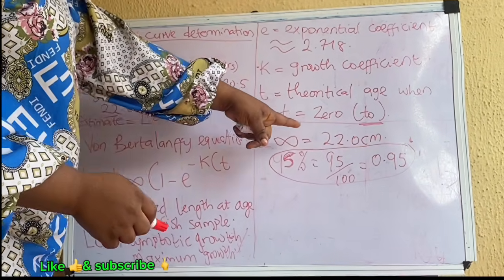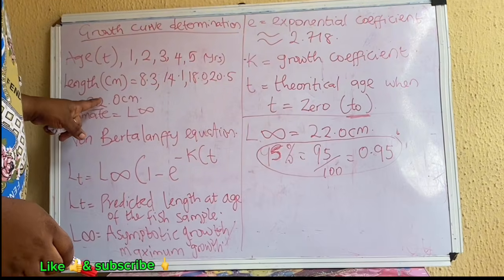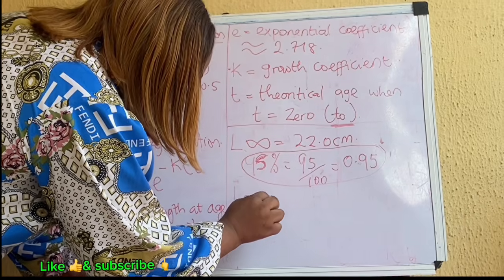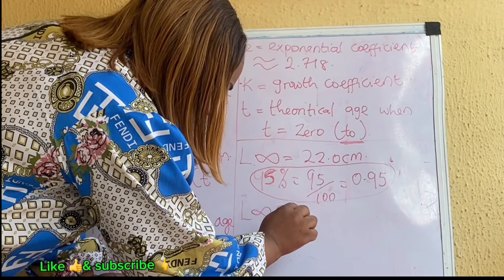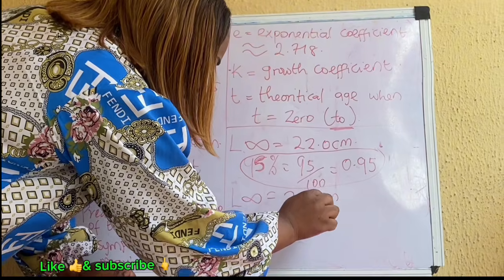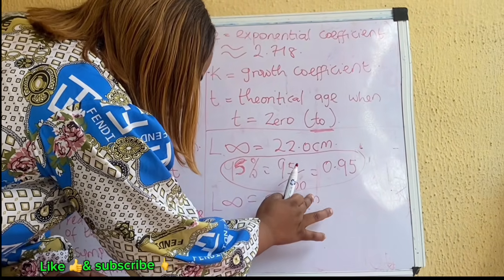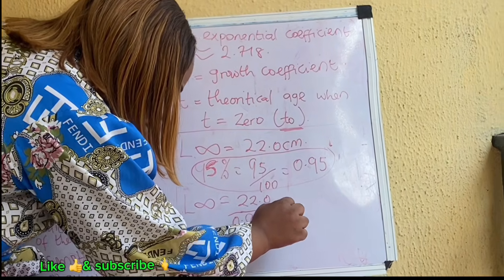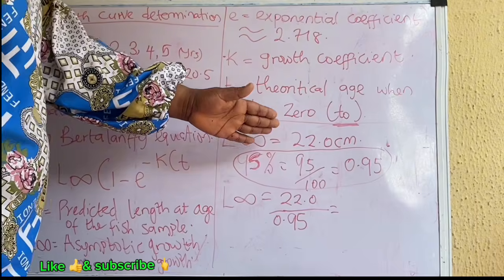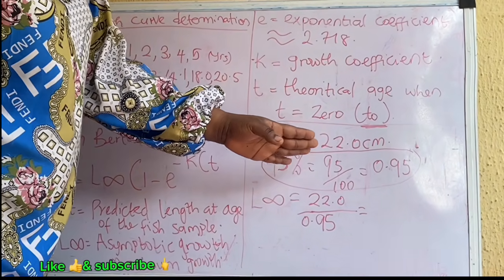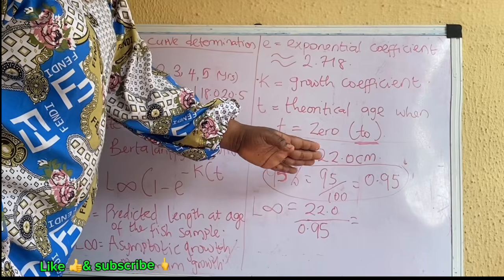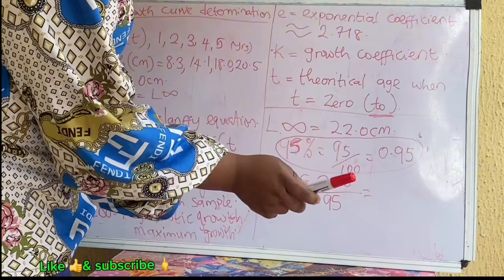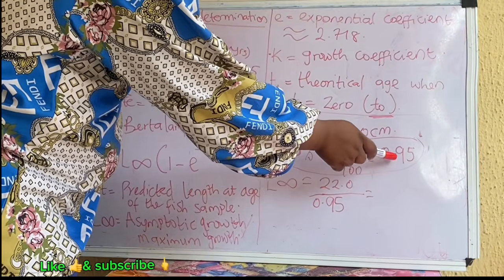Now, in our own data set, the highest is 22.0. So what you do is you bring down this asymptotic length, which is equal to 22.0 cm, divided by 0.95. You can leave the cm. Since it has been observed that 95% of fishes rarely reach their asymptotic length or maximum length in a given population, 95 divided by 100 will give you 0.95.